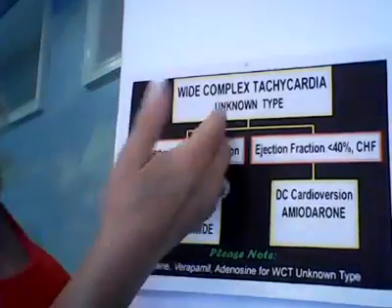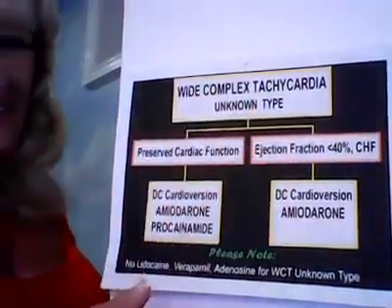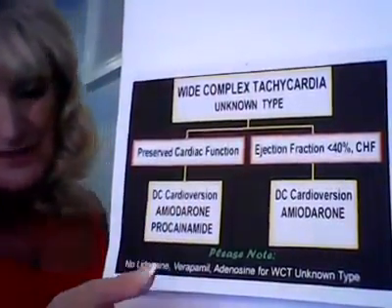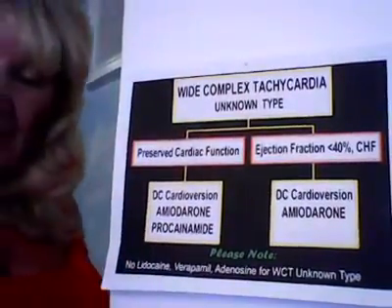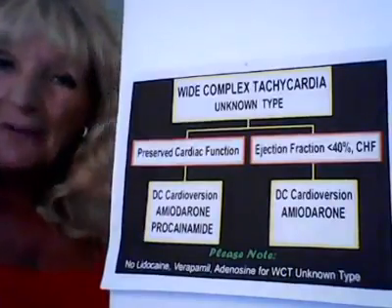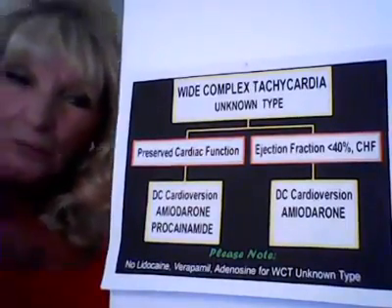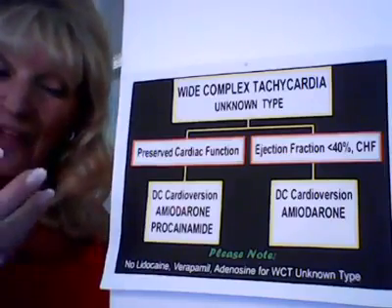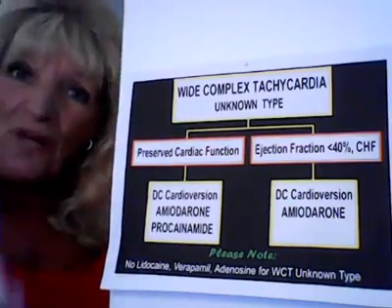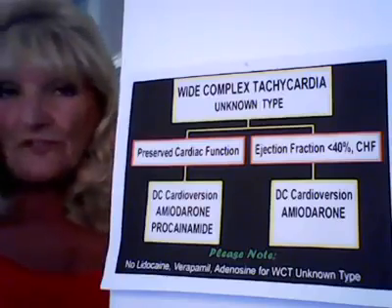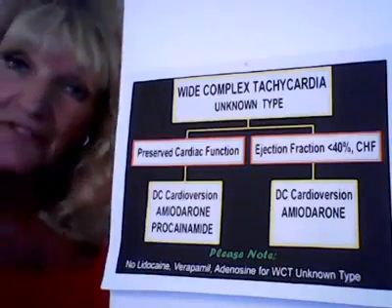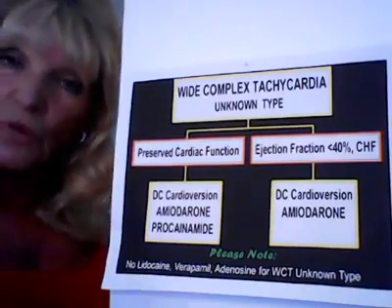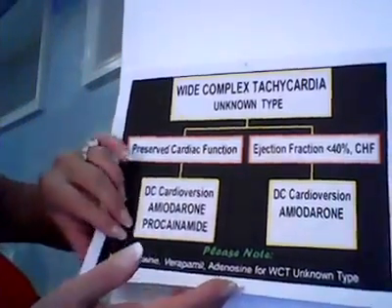So for you, you would never use the wording of unknown type, because now you know if it's wide complex tachycardia, you're able to differentiate whether it's aberrancy or is it ectopy. That is, is the fast rhythm because you have a right bundle branch block or because you have a left bundle branch block, or is it PVCs from the left ventricle or PVCs from the right ventricle?